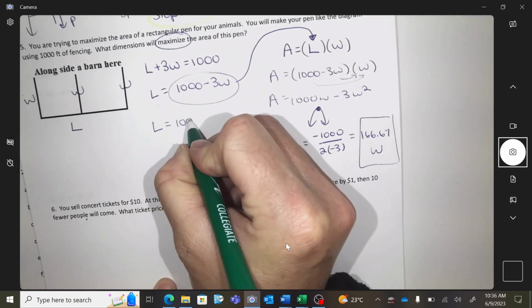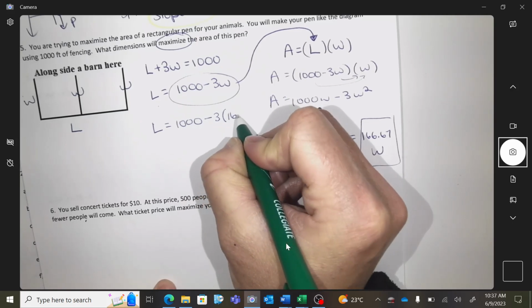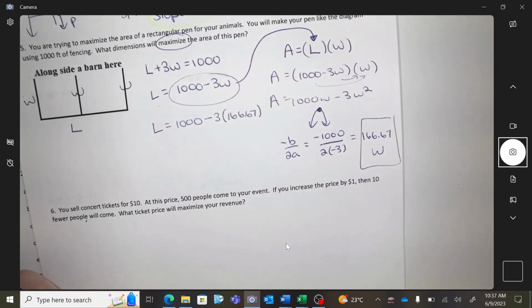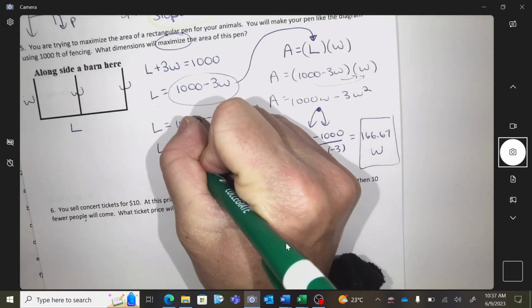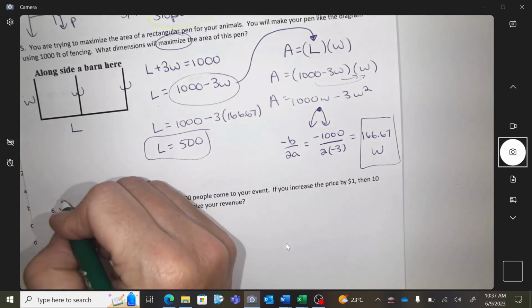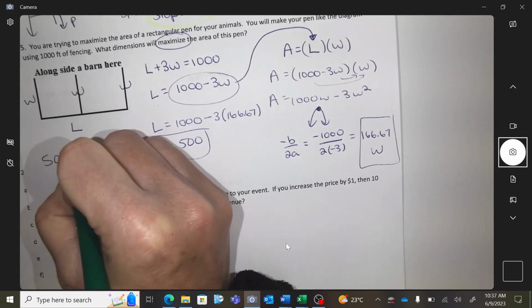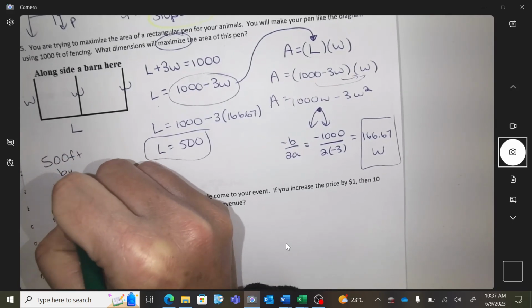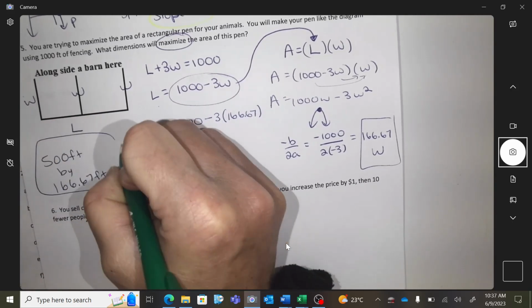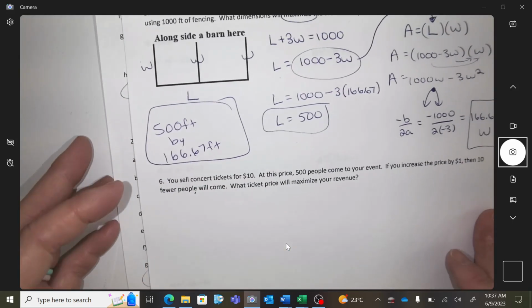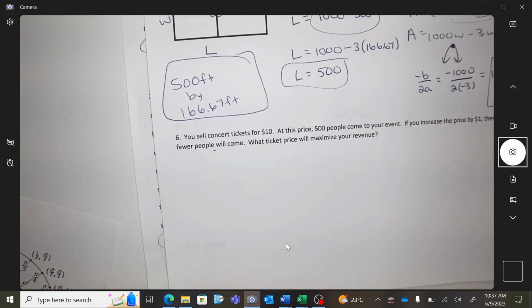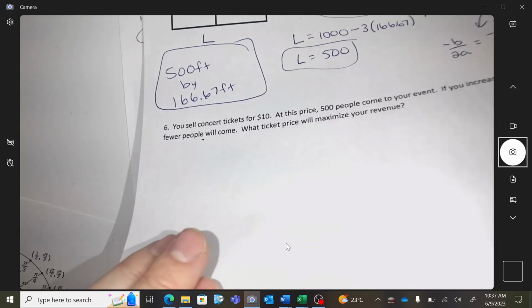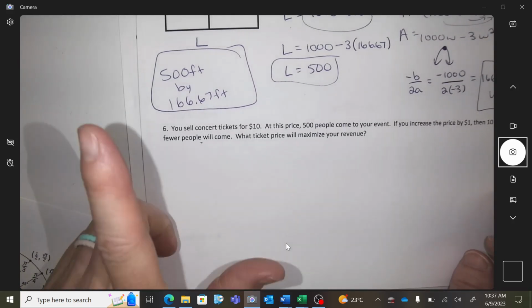L equals 1,000 minus 3 of the W's. So there's my final answer.